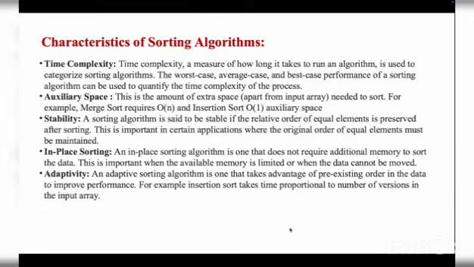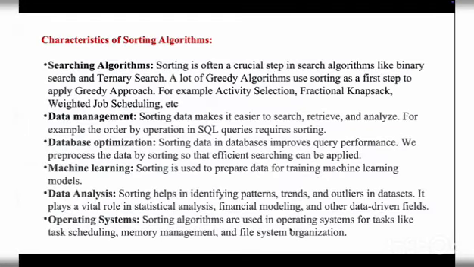Okay, and then this part shows the characteristics of a sorting algorithm. These are the basic characteristics required for a sorting algorithm used in data structures: the time complexity, the auxiliary space, the stability of the algorithm, in place sorting, and lastly, adaptivity.